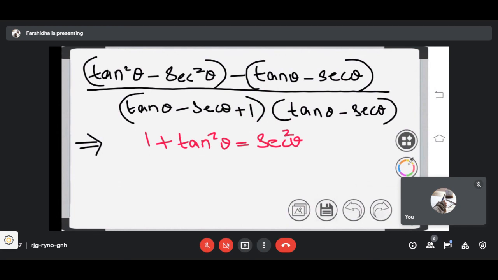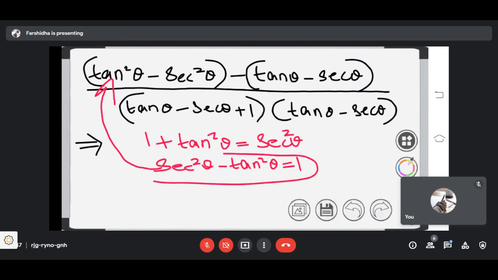This one you can write as sec square theta minus tan square theta equal to 1. But here in the numerator you can see tan square theta minus sec square theta. We have only sec square theta minus tan square theta is equal to 1. This is the identity we have. But in the question it is tan square theta minus sec square theta, the opposite of that. So the value will be minus 1.